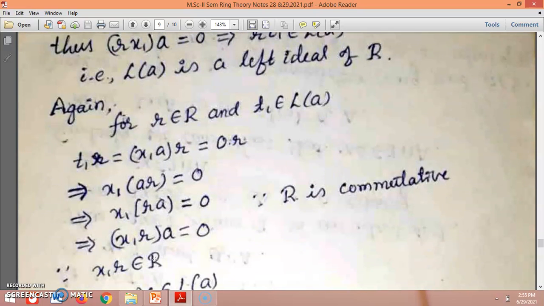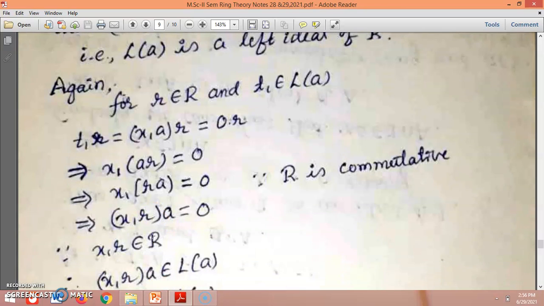Again, for r a member of R and T1 a member of L of A, we have T1 r equal to rT1. As we know, x1a equals 0 for T1 in L of A. Since R is commutative, ar equals ra, so x1 r into a, taking it as rx1, we want to bring into the definition of LA.